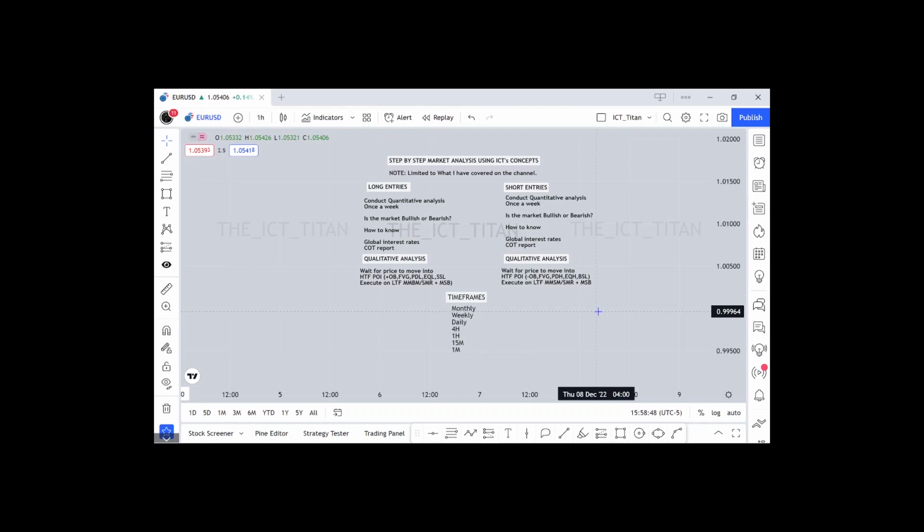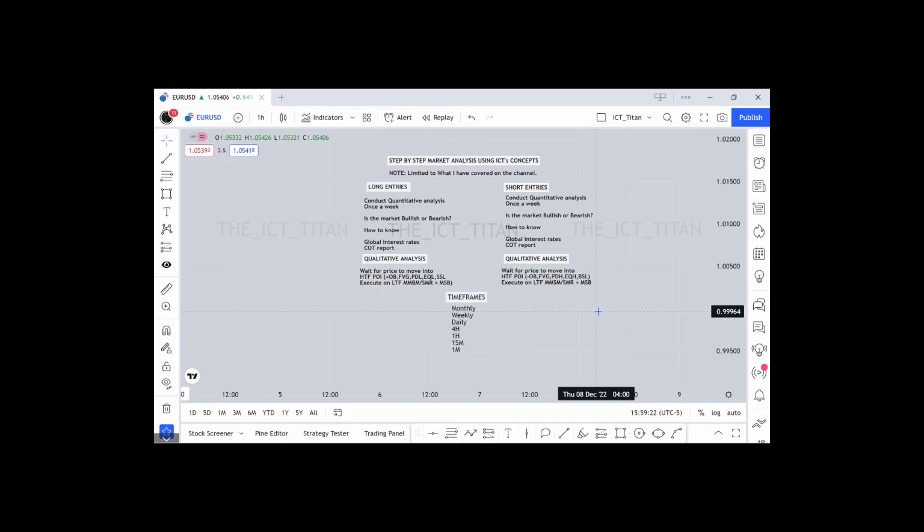I have not yet covered the market maker model, which I referred you to go and watch and make notes on. The market can be bullish or bearish, and a trader can only take trades long or short. So let us assume that we are searching for long entries. What do we do?